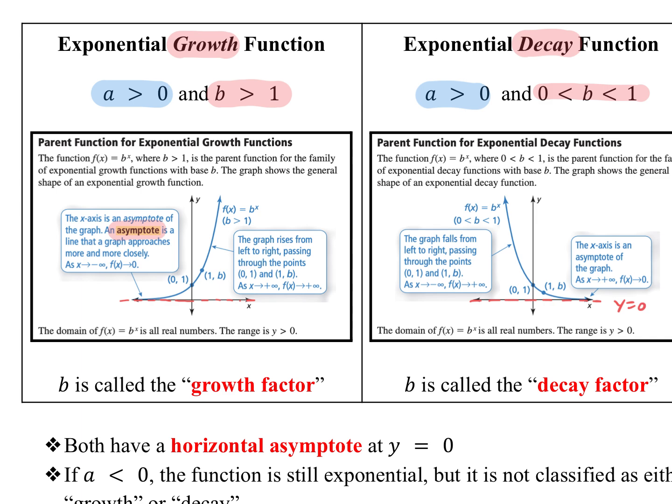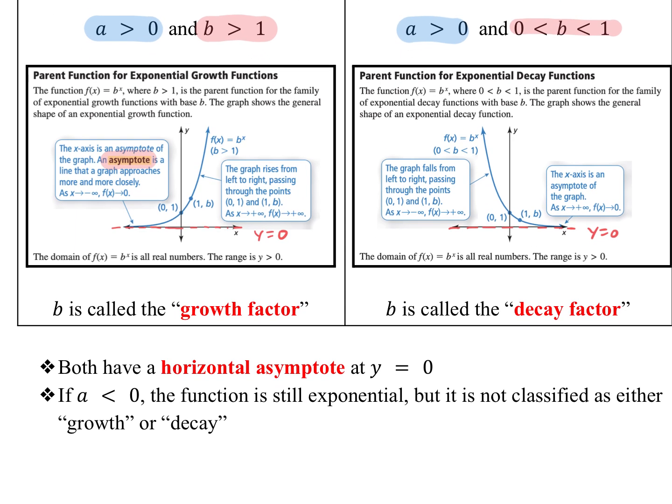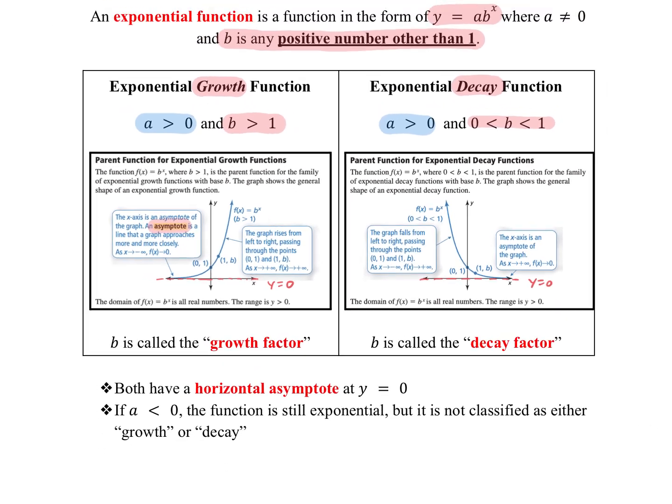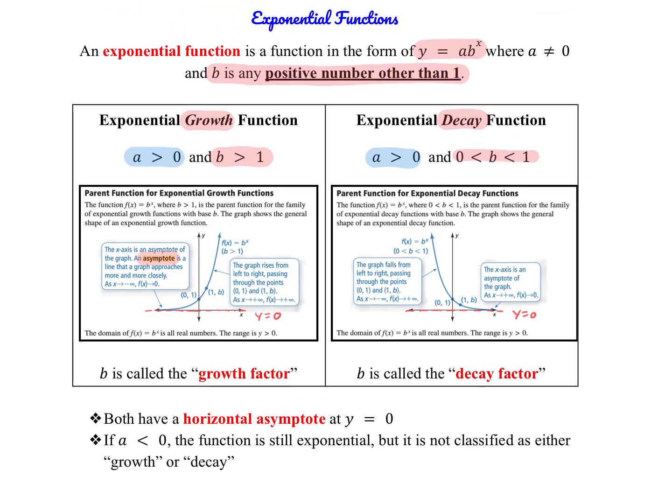So they're going to get super close to the x-axis, but they will never quite touch it. And then just a little bit more vocabulary. That b value, the base of your exponential function, we can call it the growth factor or the decay factor in these two cases. But again, this only works if we have an a value that is greater than 0.